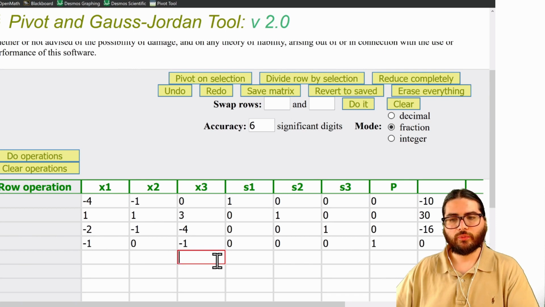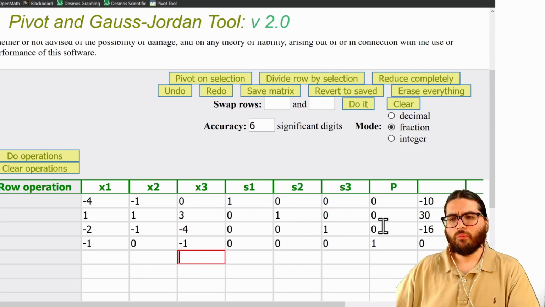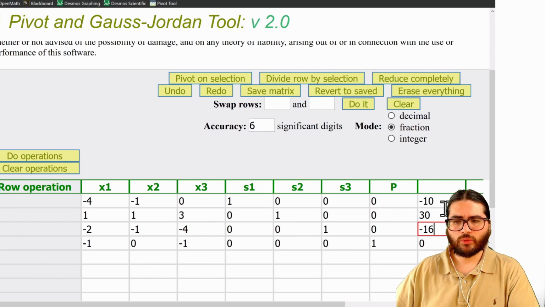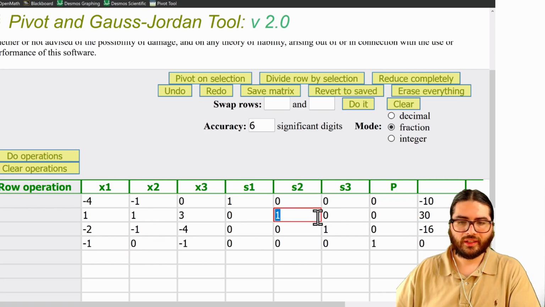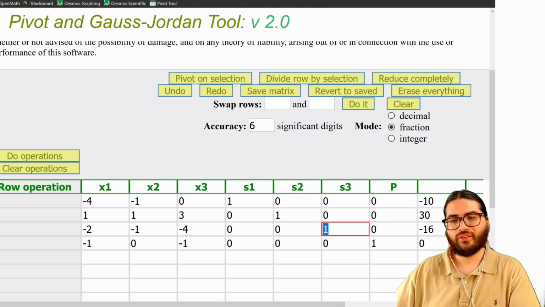This is a maximization problem, remember, so we're following the primal optimization techniques, but I've still got negative numbers over here on the right side, which means that I'm not feasible right now. Remember, x1 is 0, x2 is 0, s1 is negative 10, s2 is 30, s3 is negative 15, p is 0.